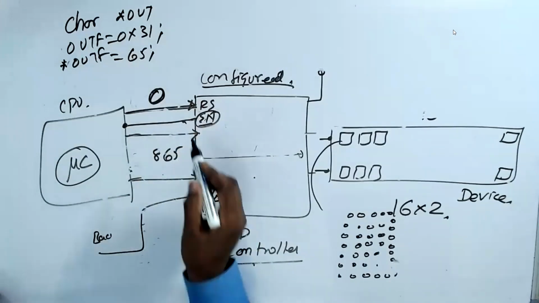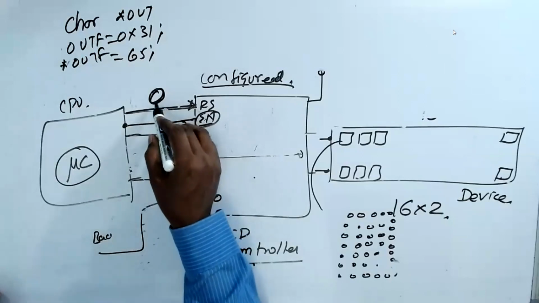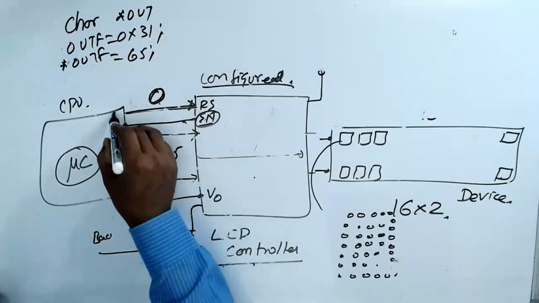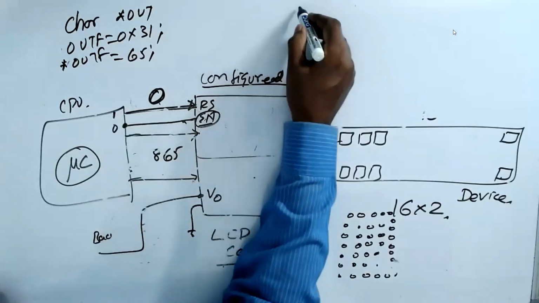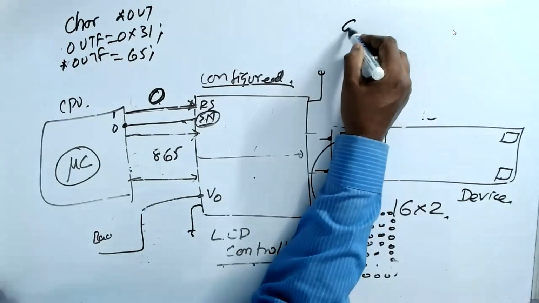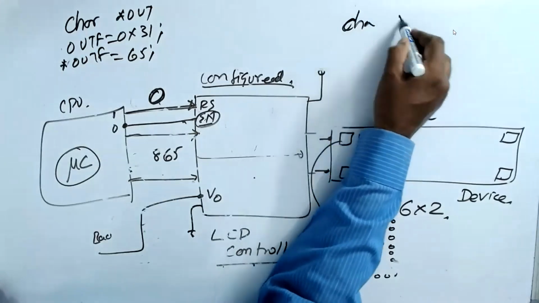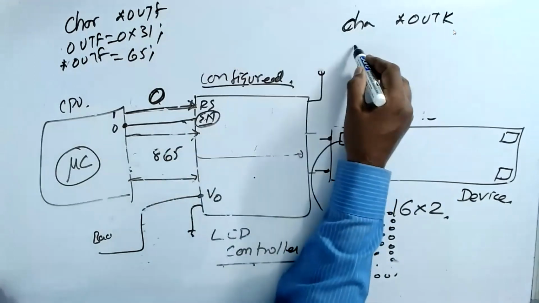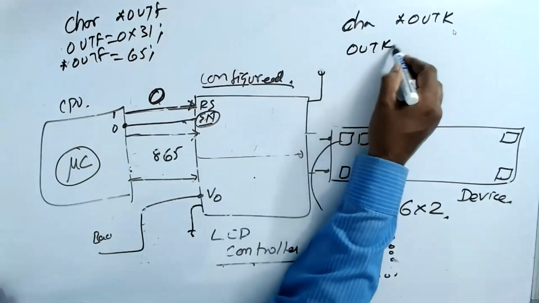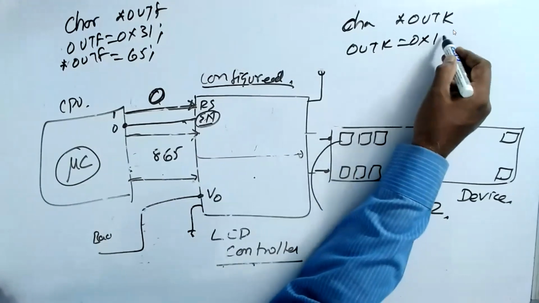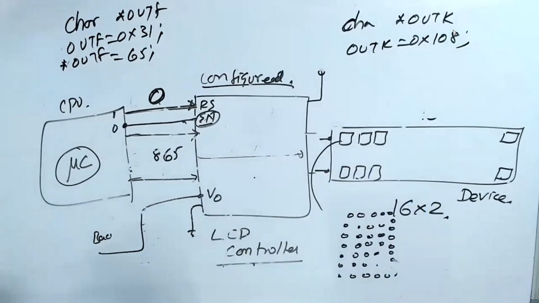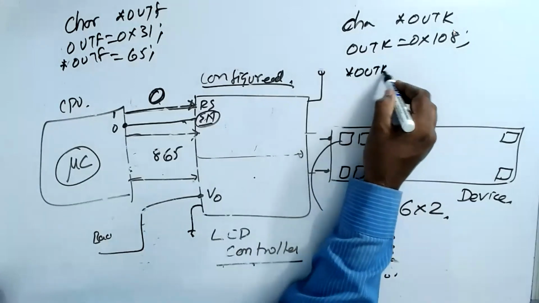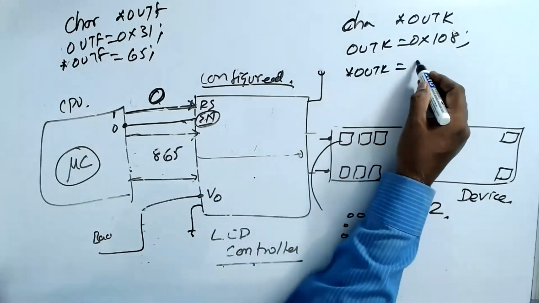And I told you I have to make this one as a 0, 2 bits. Let's say this is bit 0, this is bit 1. Now I have to say character star out K, and out K is equal to 0x108. That's a different address because it's a port K address. Then star out K is equal to 0x01.